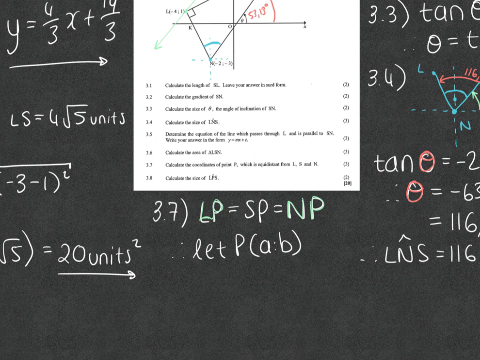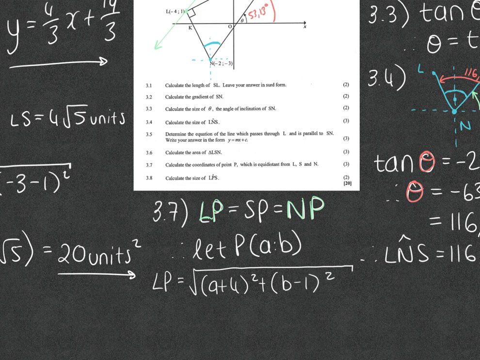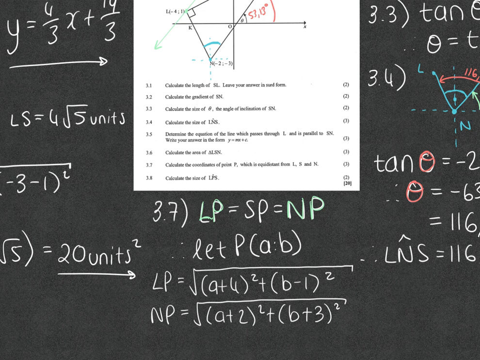Okay. So the first equation that we're going to be doing is LP. So we're going to say square root distance. So LP equals square root of, let's say, A plus 4 squared plus B minus 1 squared, okay? And then NP's distance is going to be, again, A, and we're going to say plus 2 squared plus B plus 3 squared.